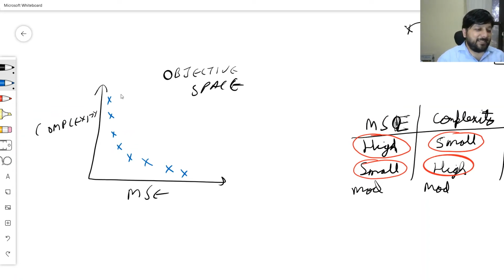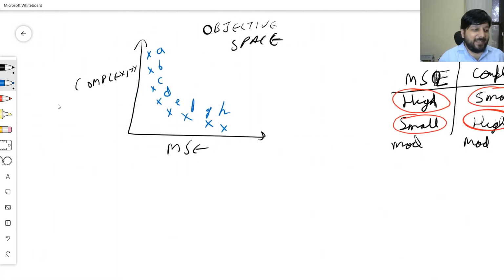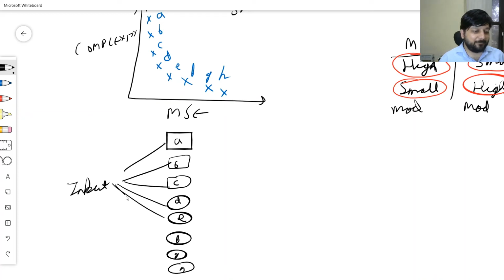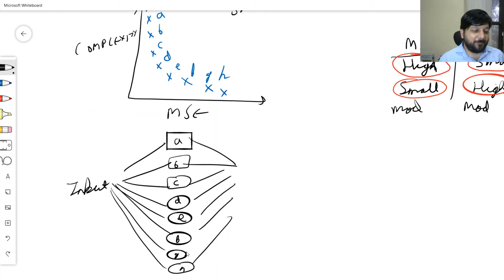So let's say these are the ANNs A, B, C, D, E, F, G, H. Now what I do is I make an ANN like this: A, B, C, D, E, F, G, and H. I apply my input on all the neural networks, I take the output from all the neural networks, and I just do an averaging.